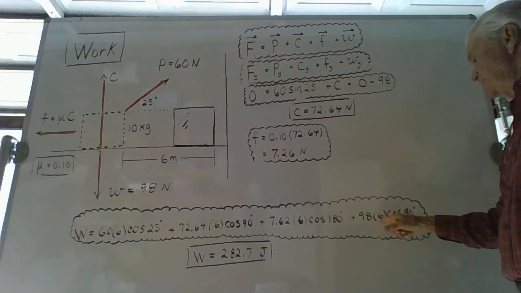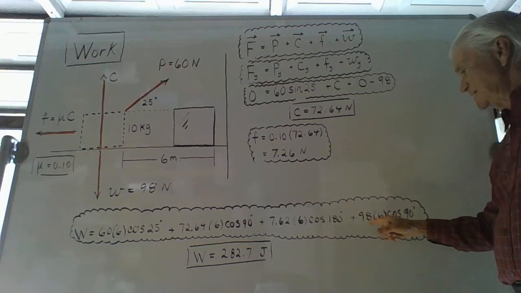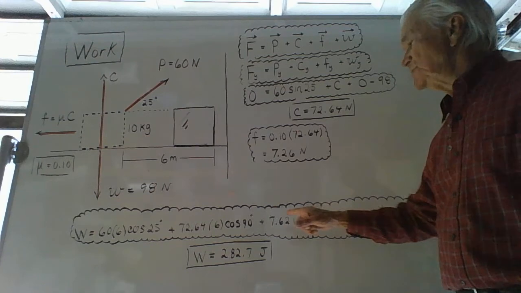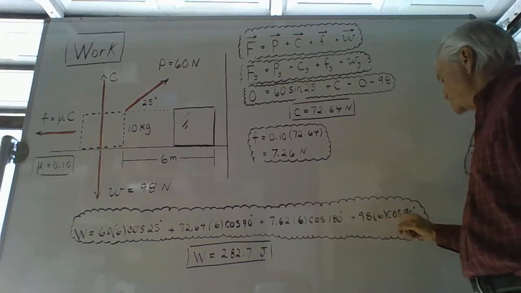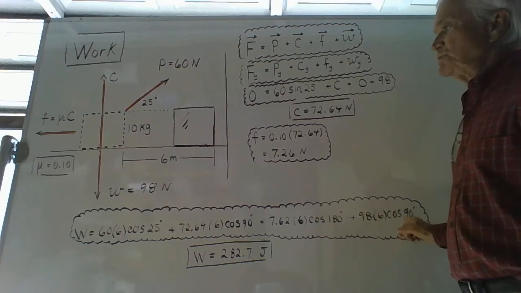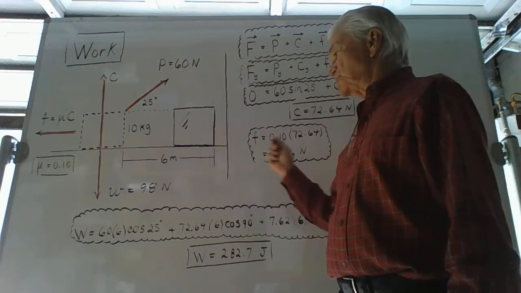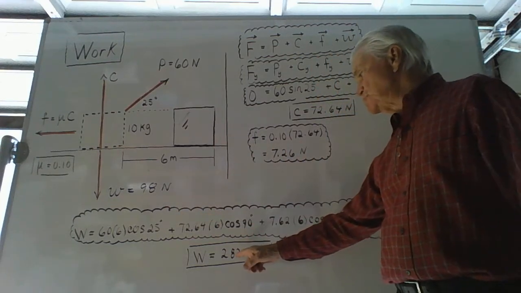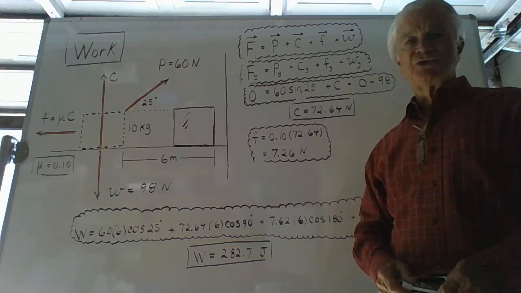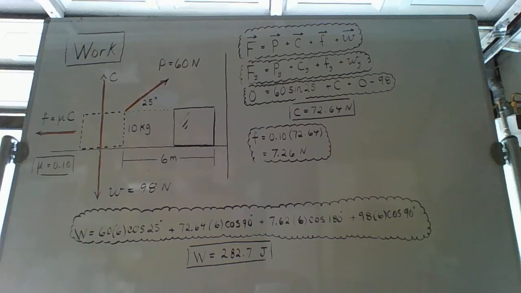And then finally, the work done by the pull by earth, the work done by weight, is the weight vector magnitude 98, that's the force, times the distance 6, force distance cosine. 90 degrees is the angle the weight vector makes with respect to the direction of motion. Add all four terms, final answer 282.7 joules. That concludes this work calculation example.